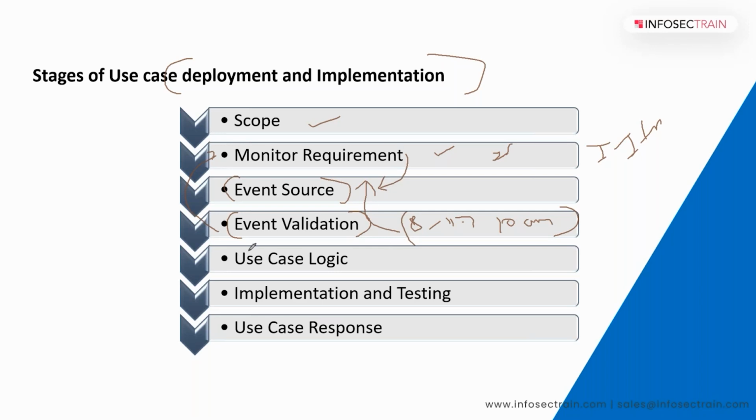Further to that, we can use the use case logic. We can go with a condition. We can create a rule. If any alert is detected, a rule is created for it.